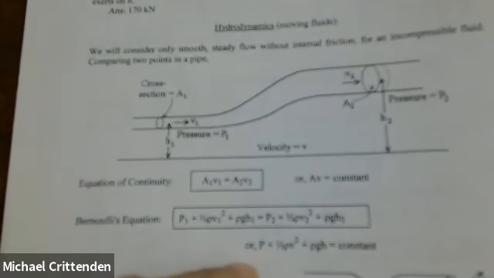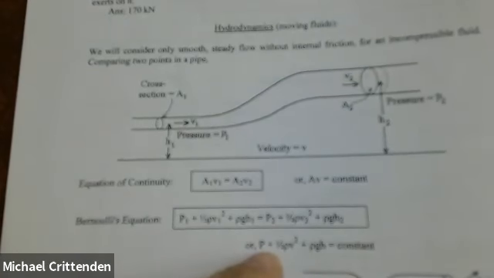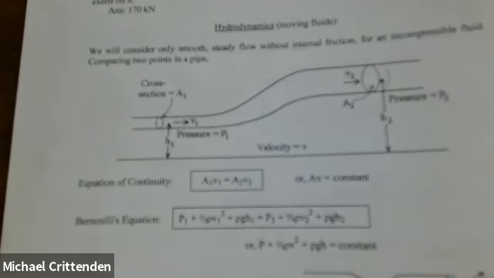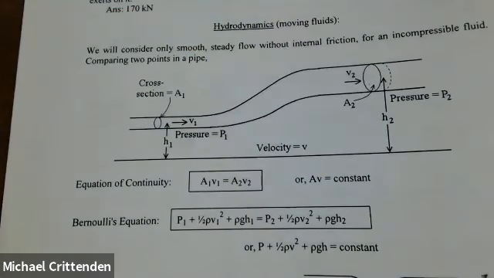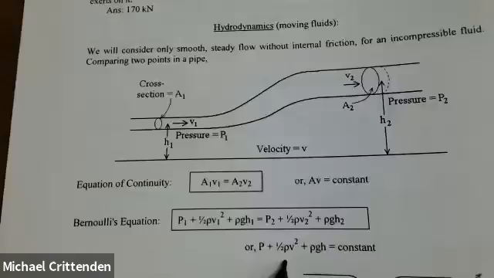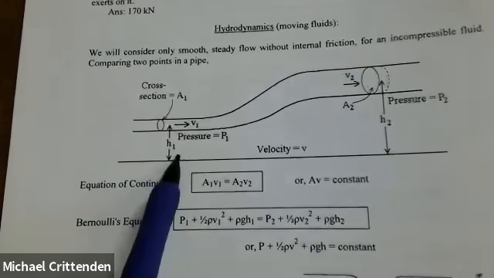And it's a little more complicated than just A times V. It's the pressure plus 1/2 rho V squared, where rho is the density, V is the speed. Over here, rho is once again the density, g for gravity, 9.8, h for height, as shown on the diagram.